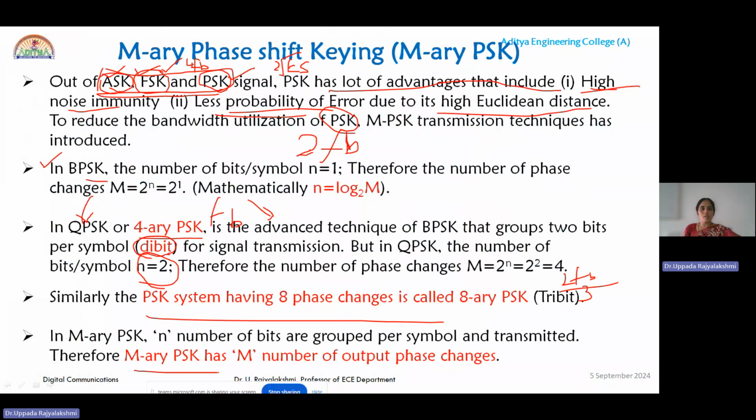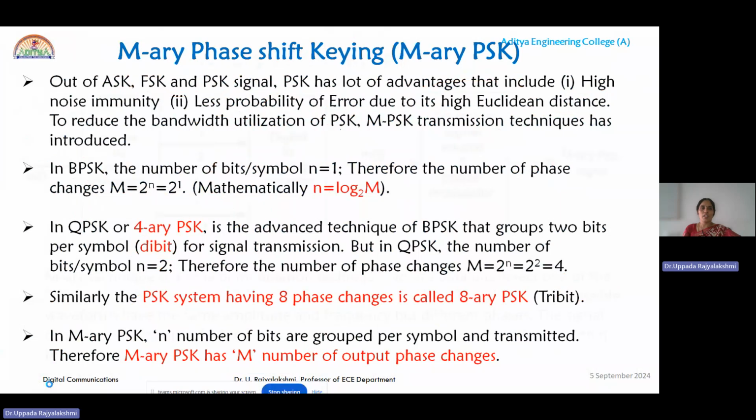So M-ary PSK has M number of phase changes, whose bandwidth is 2FP by N, where N bits are grouped per symbol. So in M-ary PSK, we can reduce the bandwidth, and at the same time it has the same advantages as PSK. These are the advantages of M-ary techniques, and out of these we are mainly focusing on M-ary PSK.